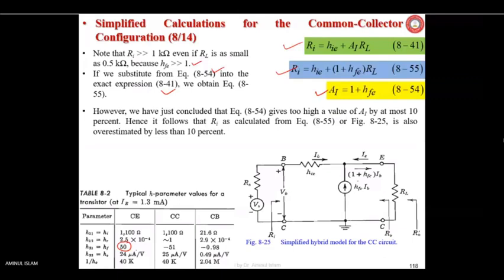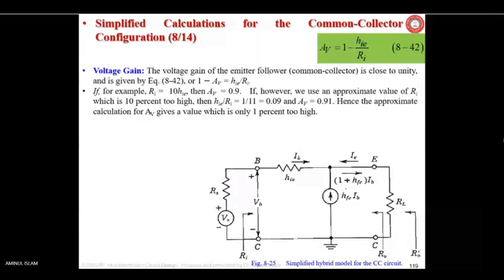Similarly, voltage gain can be calculated. The voltage gain of the emitter follower, that is the common collector, is close to unity and is given by this equation. See equation 842, which we derived earlier.